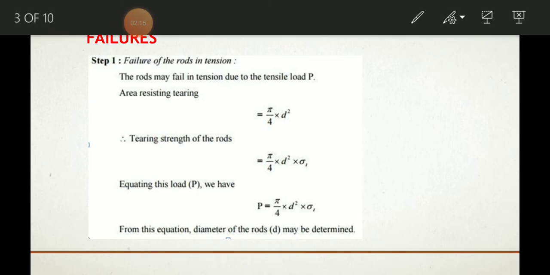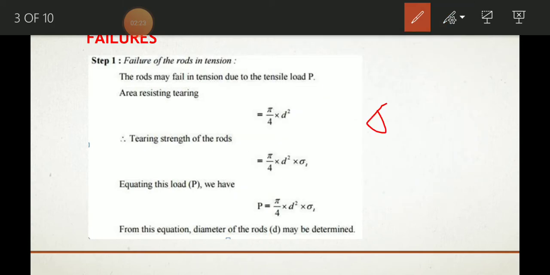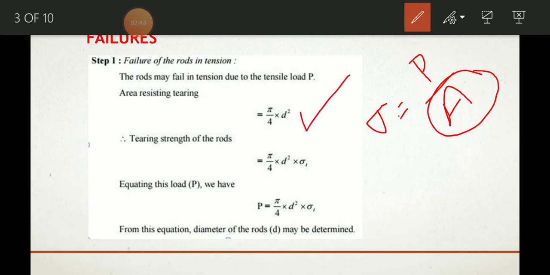We know that sigma is the stress induced, which equals P by A. We have to calculate the area resisting the tearing. Since the rod is circular, A is equal to pi by 4 into d square, that is the resisting area for the applied force.